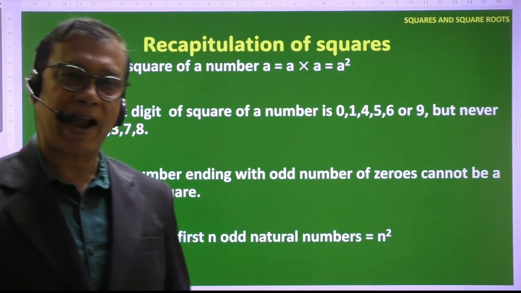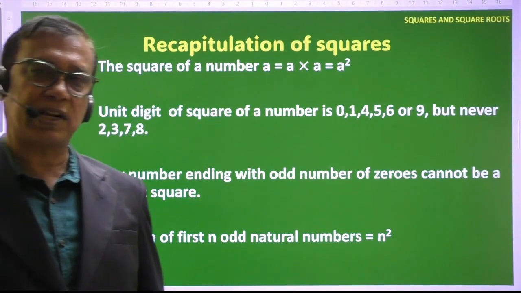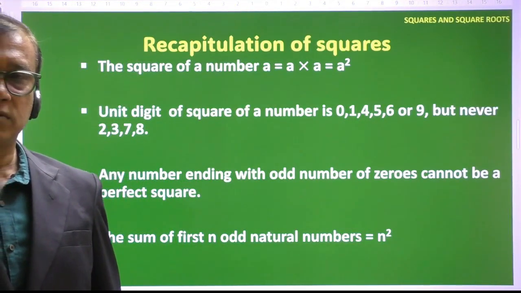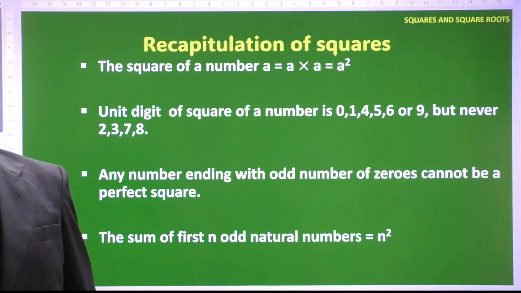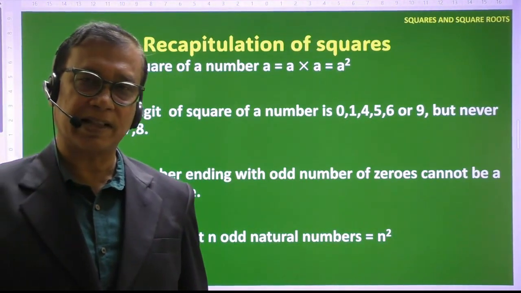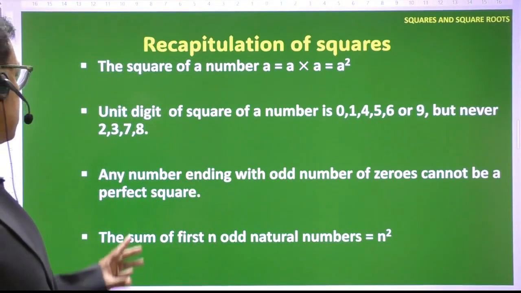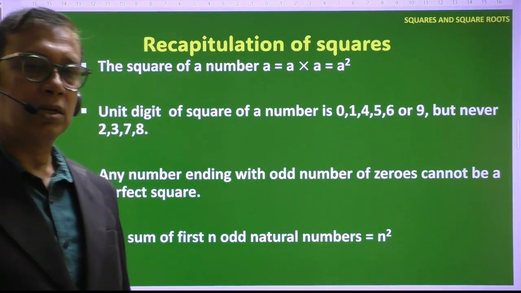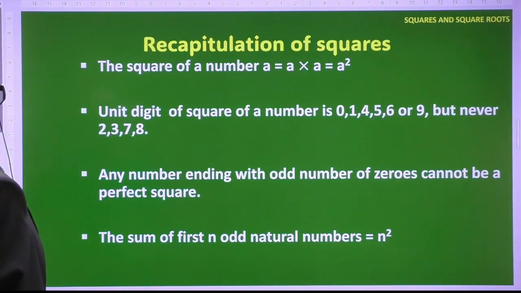That means if we add the first 10 odd natural numbers, then the sum will be 10 square, that is 100. Yes, so these points we have already discussed in the last class. So now I will discuss the second point.